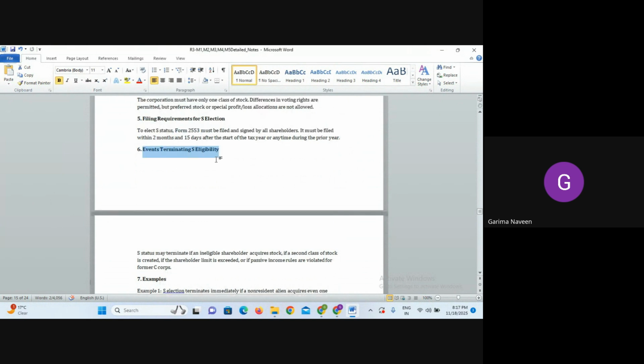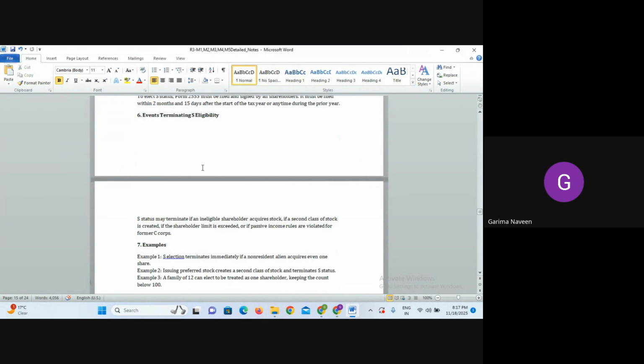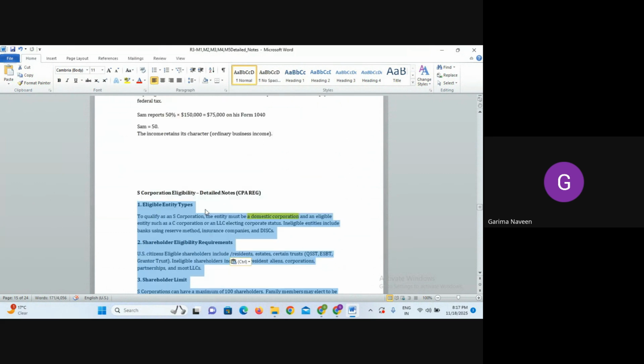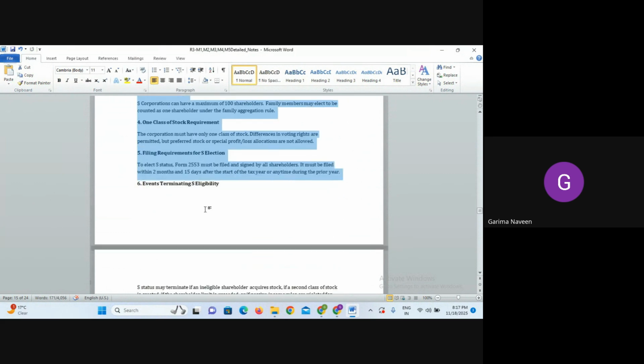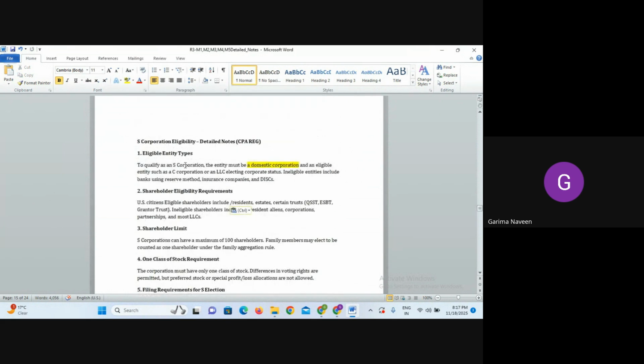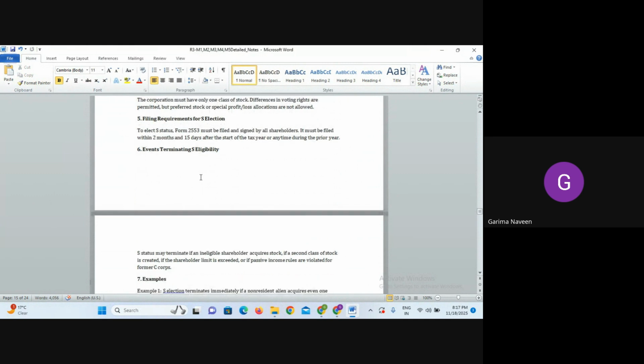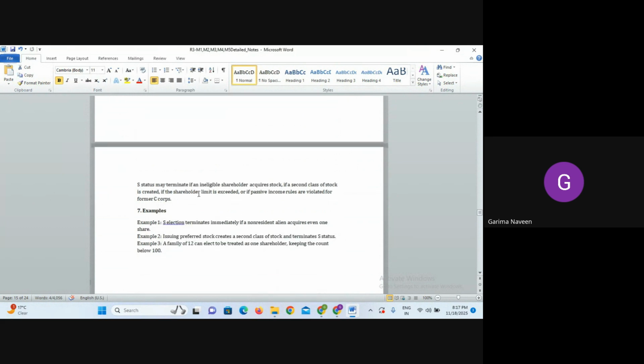Event terminating eligibility. Okay, so these were the events that lead to the eligibility of the S corporation. But if you are not able to complete these eligibility requirements, or at any time you become ineligible, that means your S corporation status will be terminated.